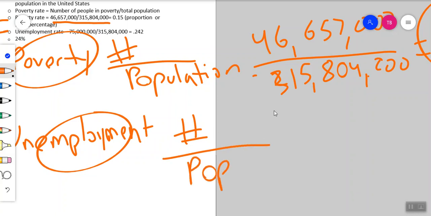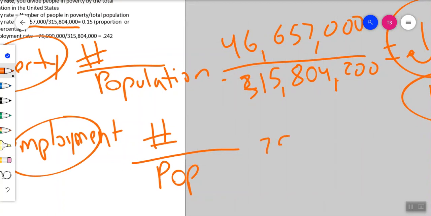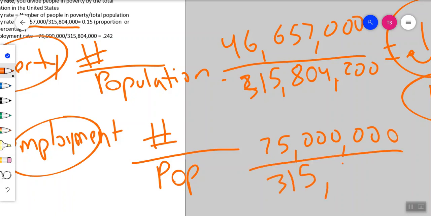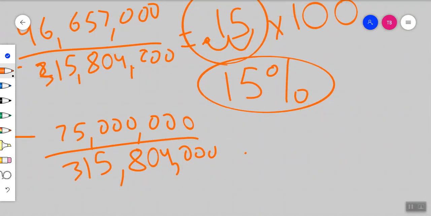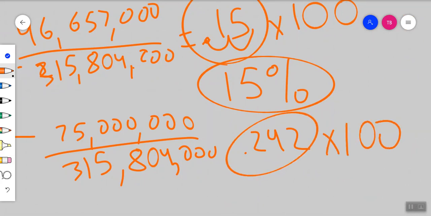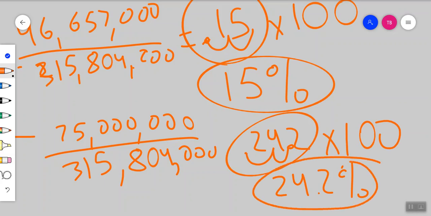And in this case, we'll take the number 75 million people are unemployed over the US population of 315,804,000. And again, you would end up with a number 0.242. And if you wanted to turn this to a percentage, you multiply it by 100. And that means you move that decimal place over 2. So you get 24.2%. So as a politician, you could say that the unemployment rate is 24.2%.